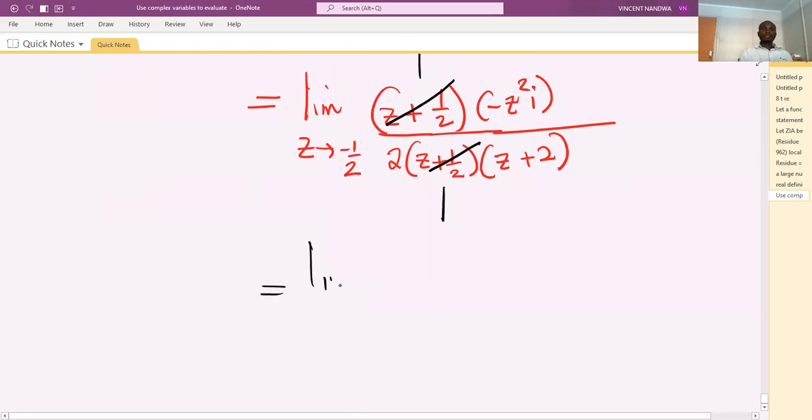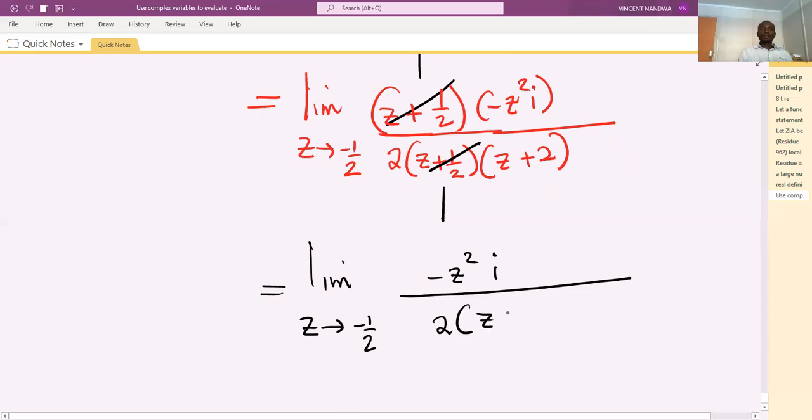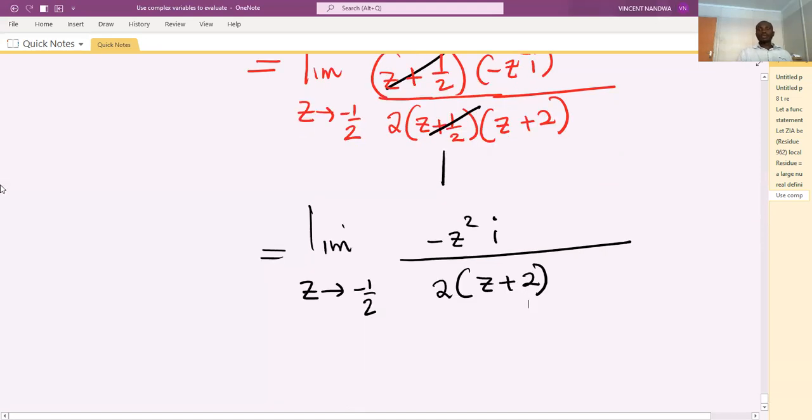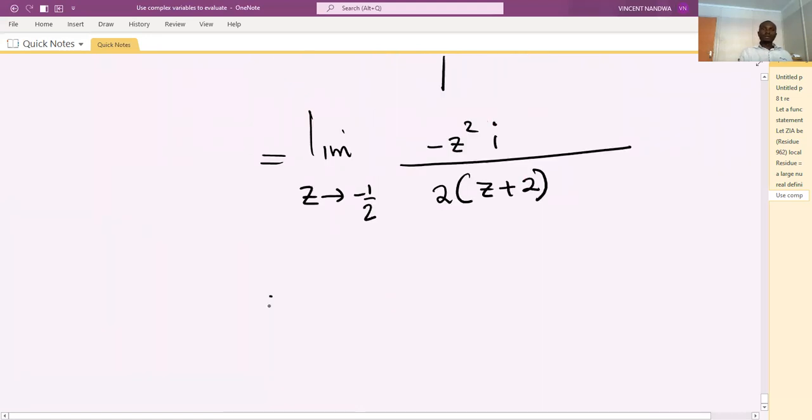So we have limit z approaches negative a half of negative z squared i over 2 into z plus 2. So this one direct substitution should work. So which will be negative a half squared i over twice into negative a half plus 2.